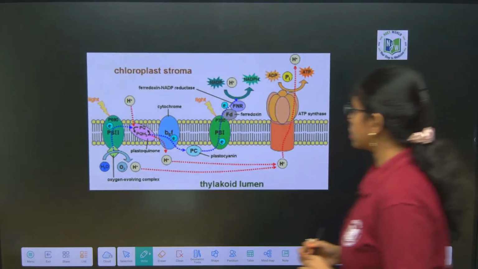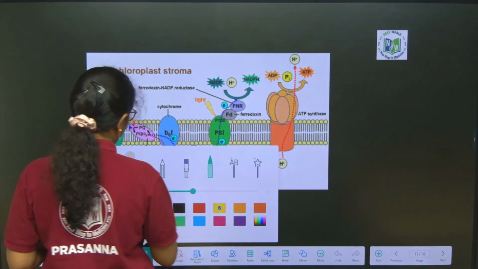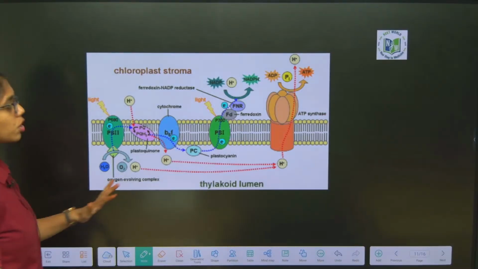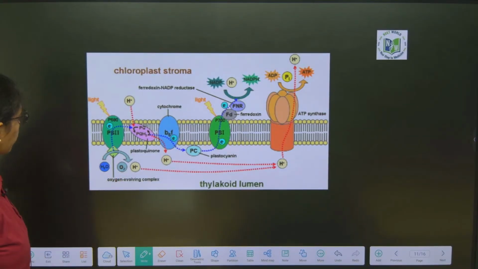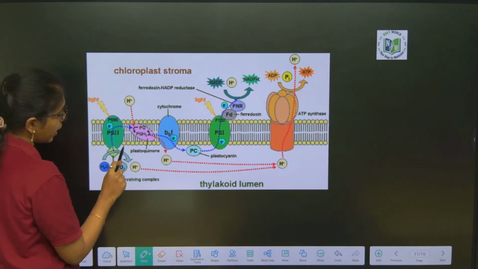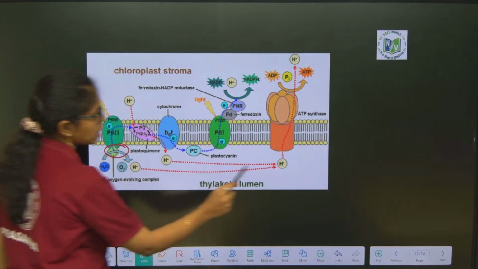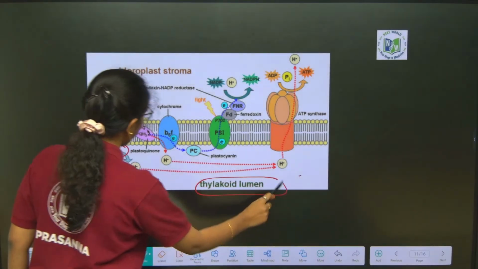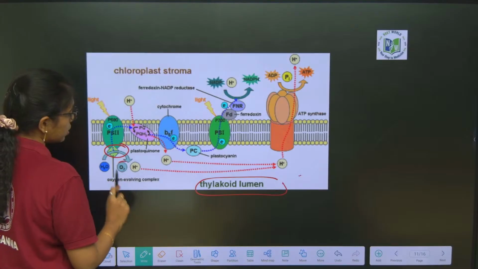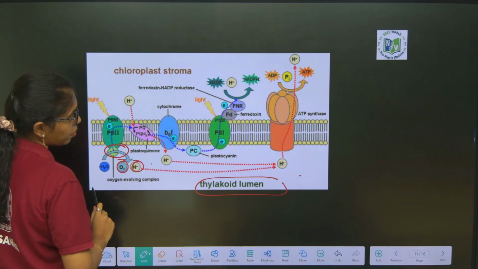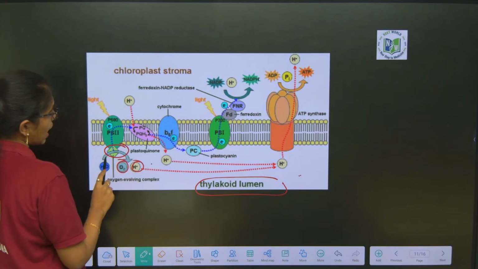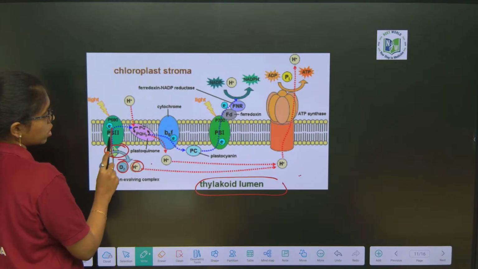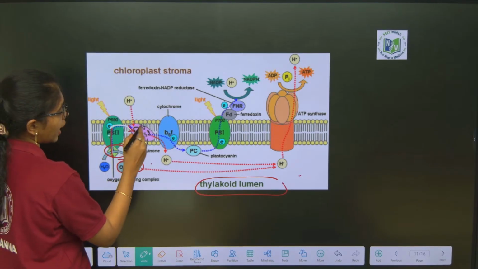Here you see this complete picture. When diagram based questions are given, we should not lose our score. Here you can see the oxygen evolving complex in the thylakoid lumen, which forms oxygen and protons, and electrons are submitted to photosystem 2. Plastoquinone, can you observe here?